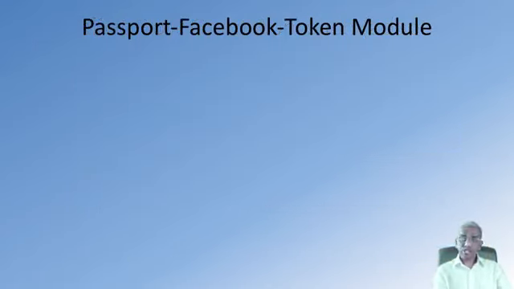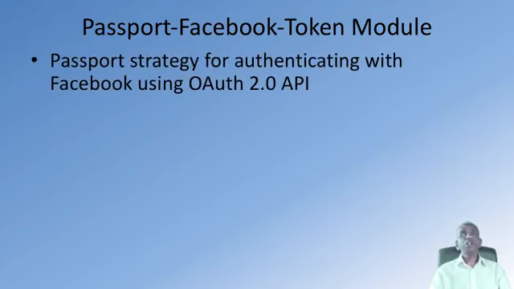Since we have already set up our Express server to use Passport, we can now use another node module called the Passport Facebook Token module. The Passport Facebook Token module essentially implements the implicit grant approach that I talked about earlier, and you can initialize a new Passport strategy within your application.